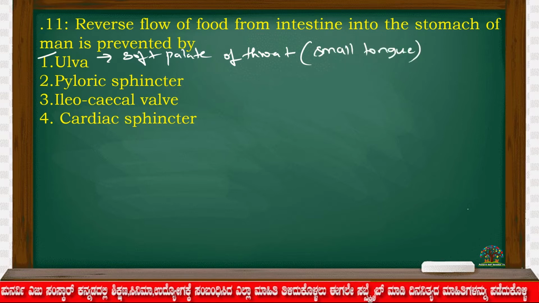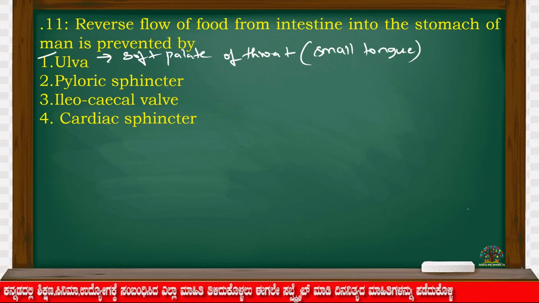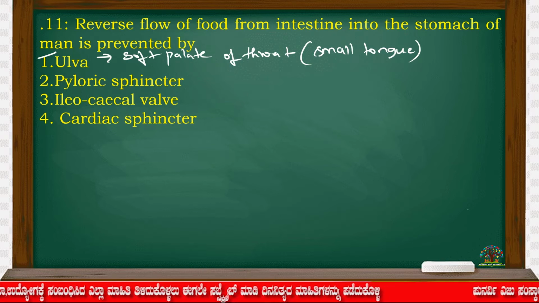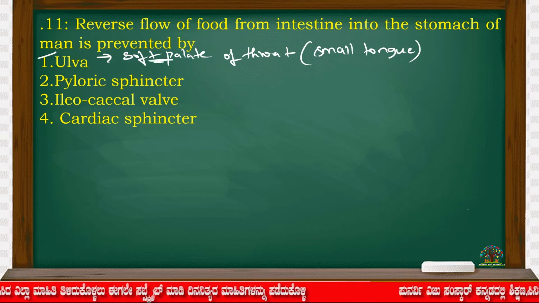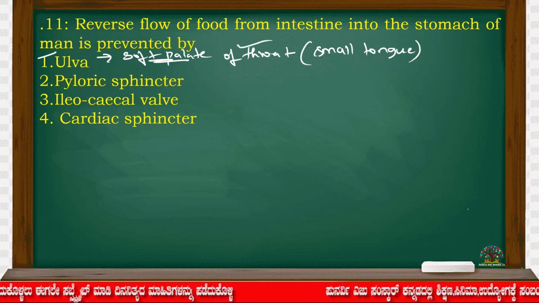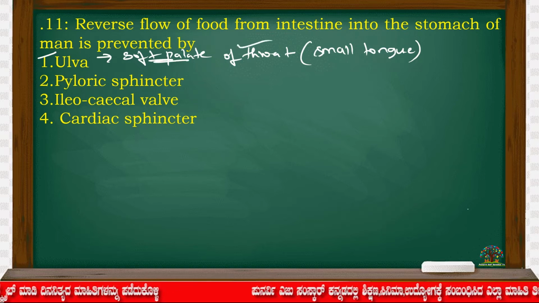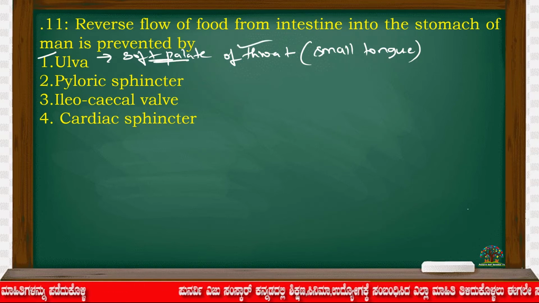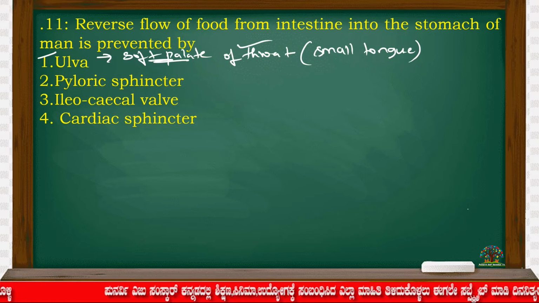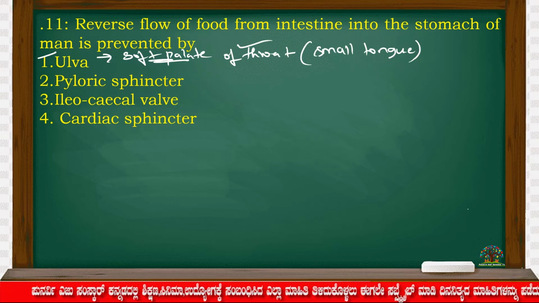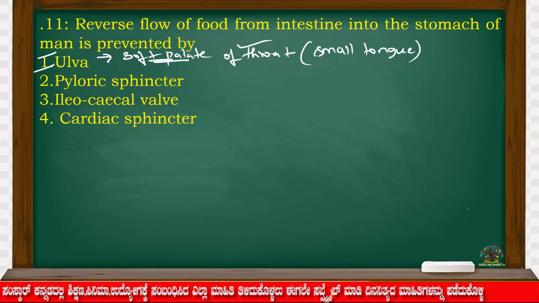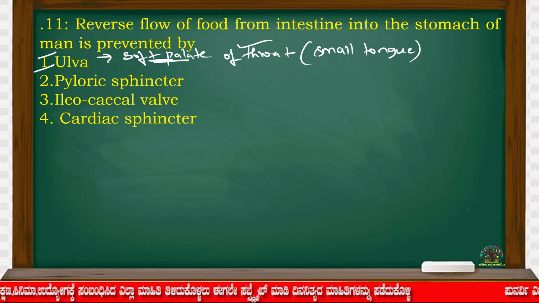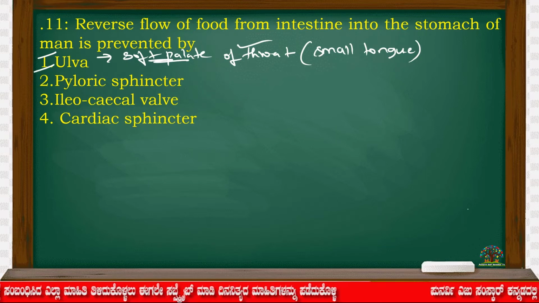When you stretch your mouth above the tongue region, you can find a small flap-like structure which is soft in nature, attached to the throat region of the human being or any mammal. That is nothing but the vulva. Whereas the second option, pyloric sphincter, let's come to this option a little later.